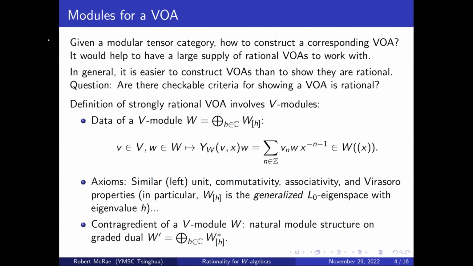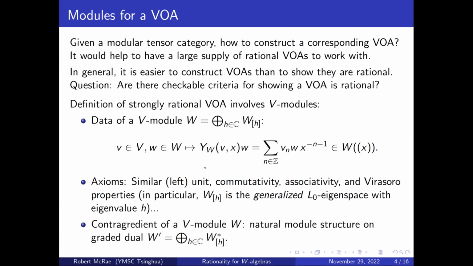A module for a VOA is some graded vector space on which the VOA acts naturally in some sense, which means that we also have a module vertex operator: for any vector in V and any vector in W, we have a formal Laurent series where the coefficients are vectors in W. So V is acting on W in this way.